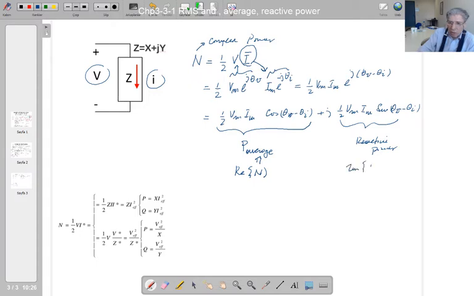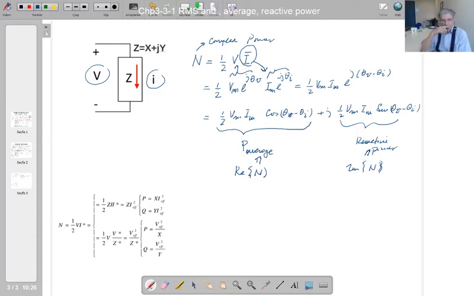The imaginary part of the complex number gives you the reactive power. So that is how we can calculate an element's average and reactive powers in terms of the element phasors. It is simple. All you have to do is find the complex power.